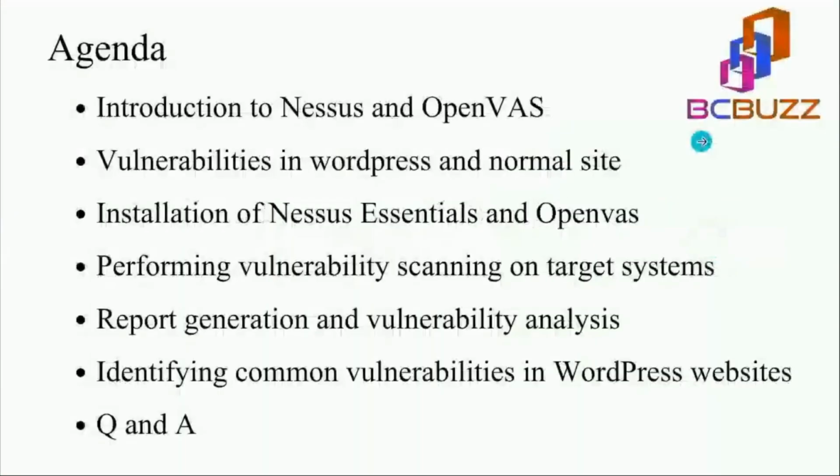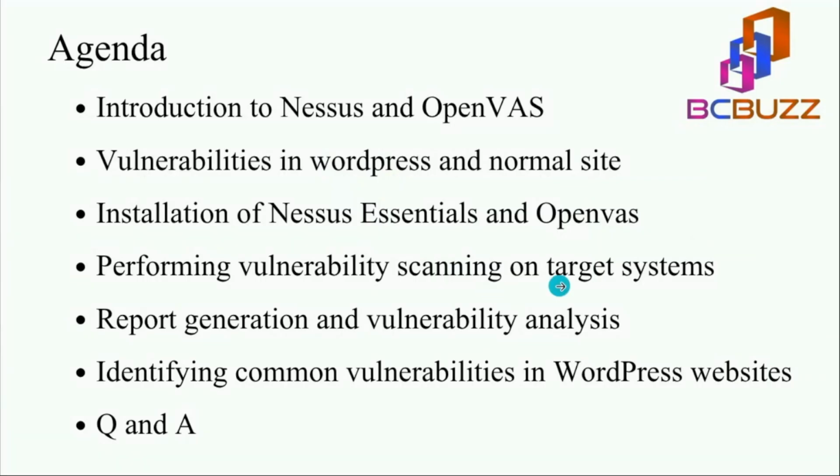So our agenda is: introduction to Nessus and OpenVAS; why we choose Nessus and OpenVAS; what the common vulnerabilities are in a normal site and in a WordPress site; how to install Nessus Essentials and OpenVAS, and the setup and configuration; performing scanning to find the vulnerabilities of our target.